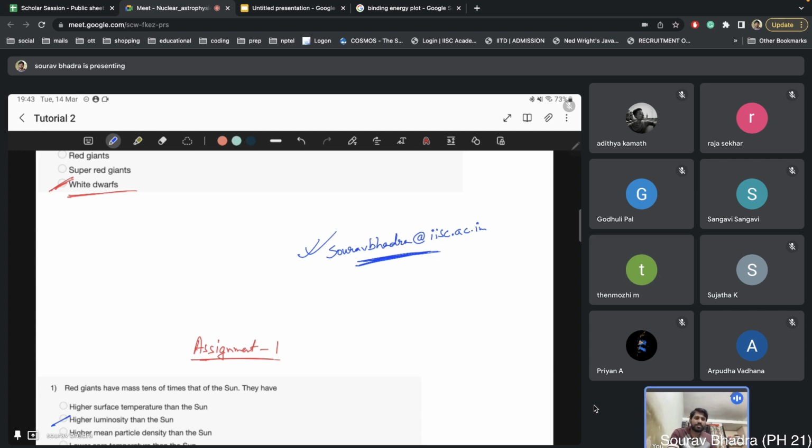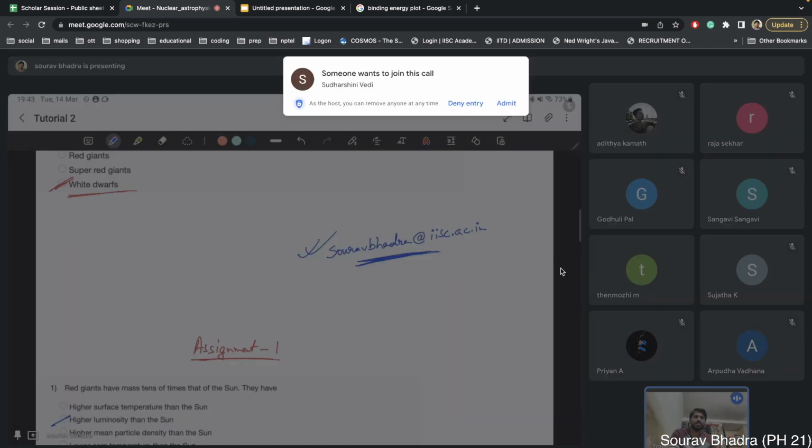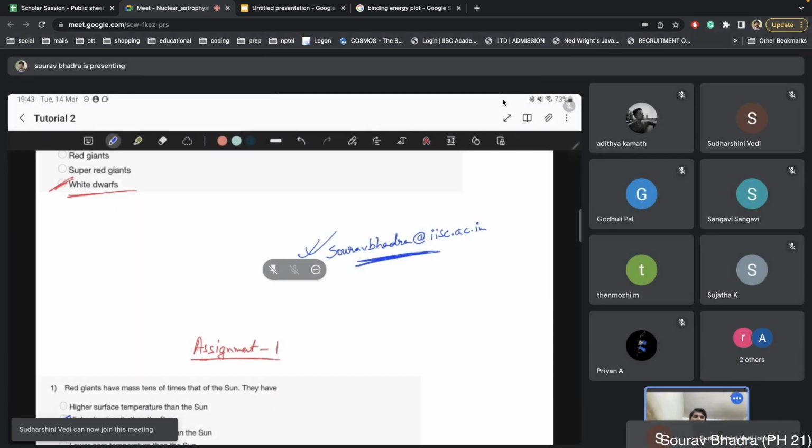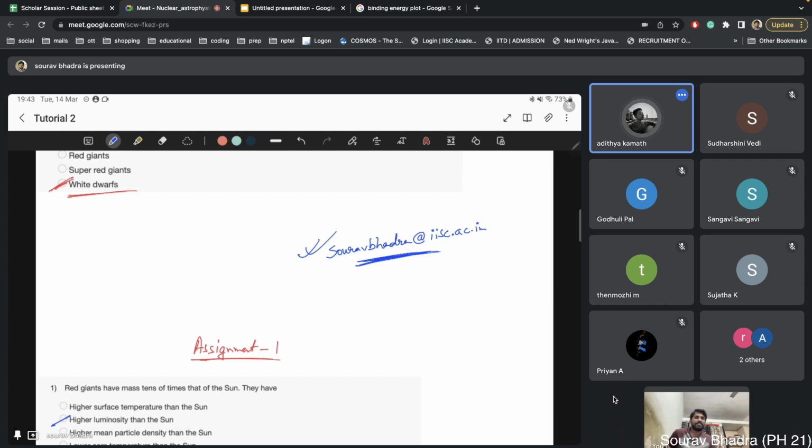Okay. So, is there any astrophysics course in your universities? I am asking everyone who is here. Okay, third year of BSc. And Priyan A, I think he is not here.